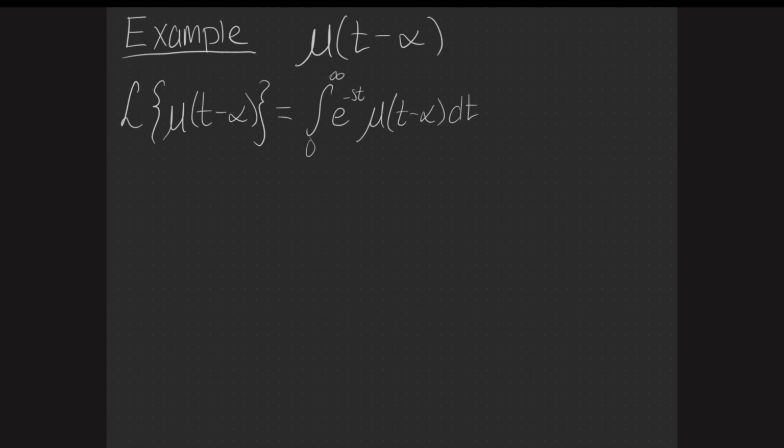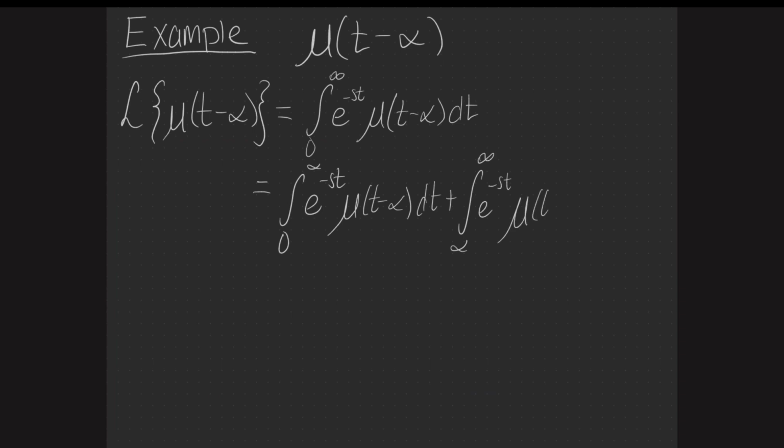Now we know we are able to split this integral up, so let's split this up into an integral from 0 to alpha of e to the negative st mu of t minus alpha, plus the integral from alpha to infinity of e to the negative st mu of t minus alpha.